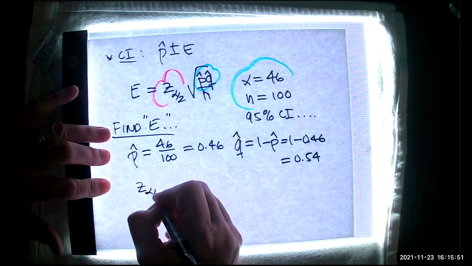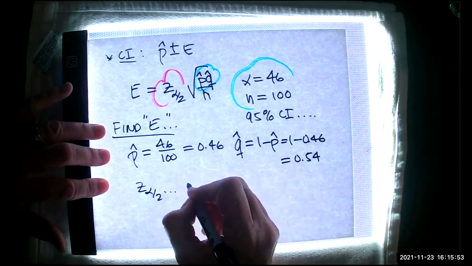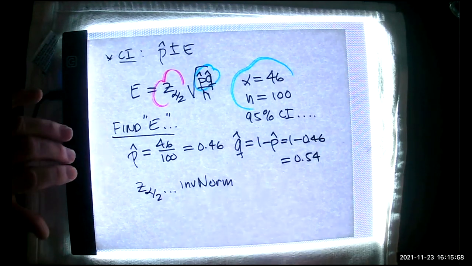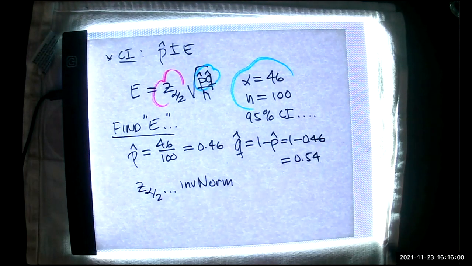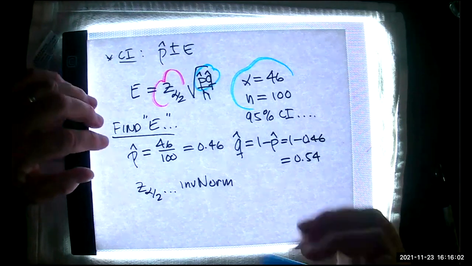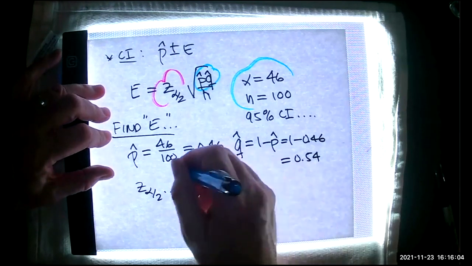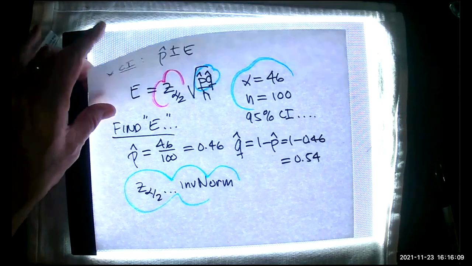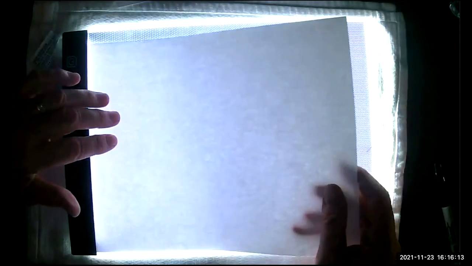The z alpha over 2 comes to us from the inverse norm tool on the calculator. And I'm going to go ahead and switch to a fresh sheet, and then I'll take care of this. So anytime I need a critical value, that's where I'll use the inverse normal program.